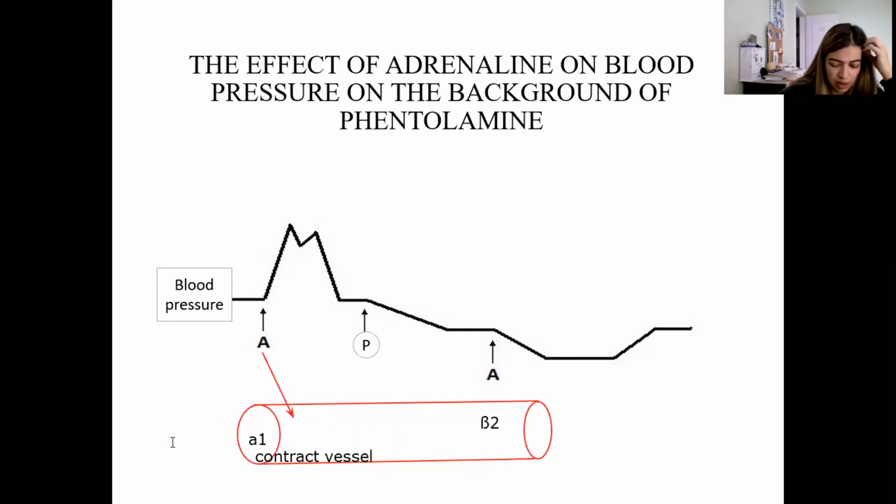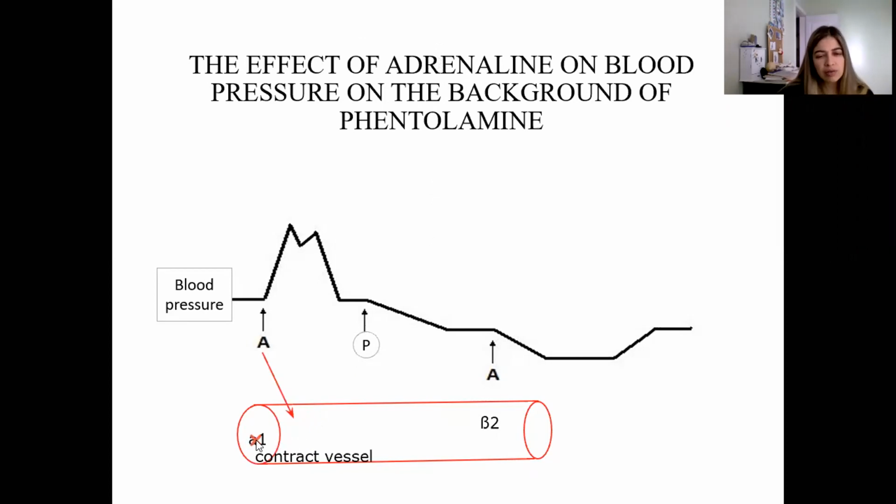So after giving our patient adrenaline, we will have contraction of vessels and the blood pressure will increase. Then after some time it will again decrease back and we give phentolamine. Phentolamine, what is it? Phentolamine is a non-selective alpha adrenoblocker.